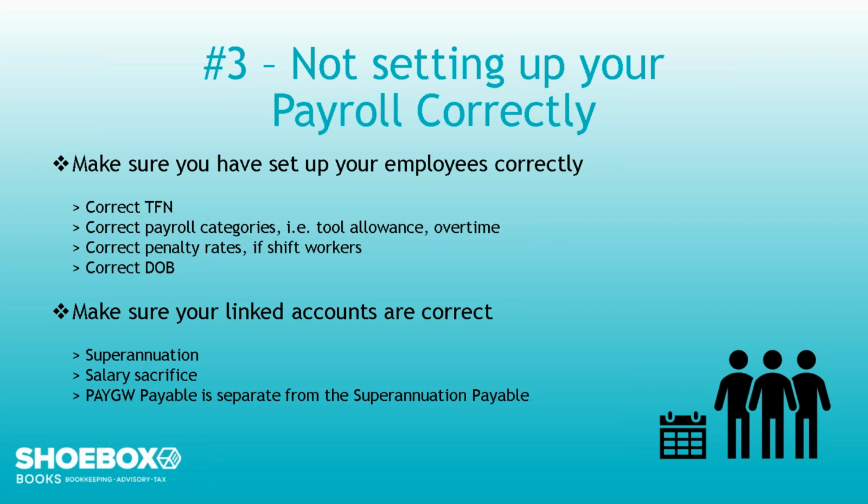So the ATO are going to be using this information to make sure that super's been paid, and that there's the correct tax file number, so you'll know immediately. Now this is going to come into effect in July. So if you have employees, you must start making sure that you've got the latest software that can account for all these legislation changes. That's just the way it is.